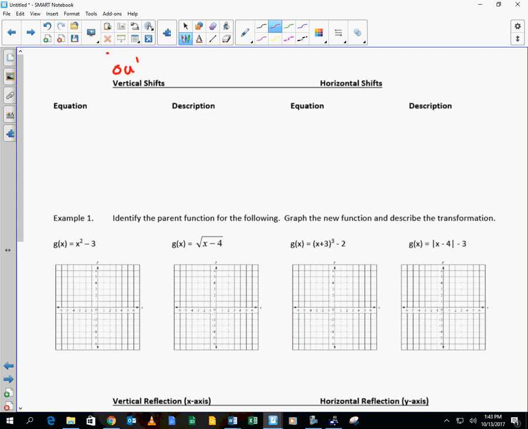And this is the most important part that you can consider. Vertical shifts happen when you have stuff on the outside. Horizontal shifts happen when you have stuff on the inside. So for example, if you have a function and you change it to f(x) plus k, that's going to affect it vertically because the k is on the outside of the function.